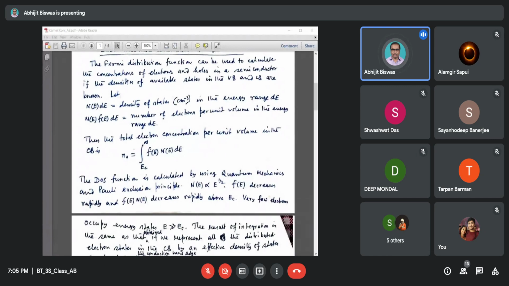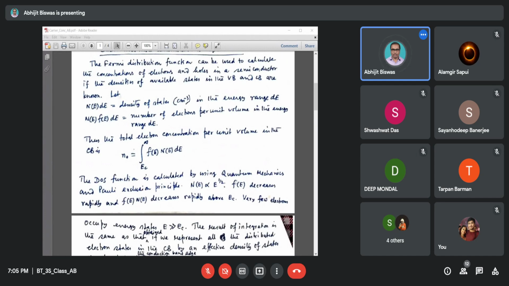So you know that the lowest energy state occupied by electrons in the conduction band is EC, and you can go up to infinity.